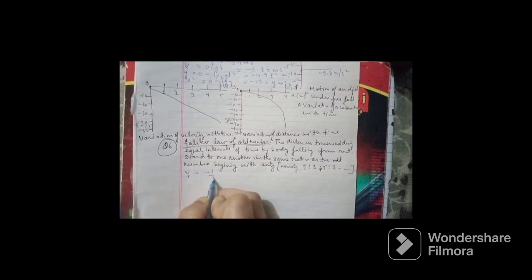So for the same, let us divide the time interval of the motion of an object under free fall into many equal intervals and find out the distance. Since the initial velocity is 0, we have y equals minus half g t square. Using this equation, we can calculate the positions of the object after the different time intervals, that is 0, tau, 2 tau, 3 tau, which are in the second column.